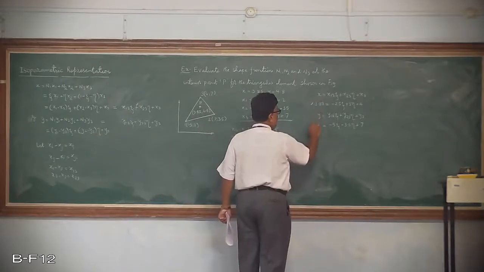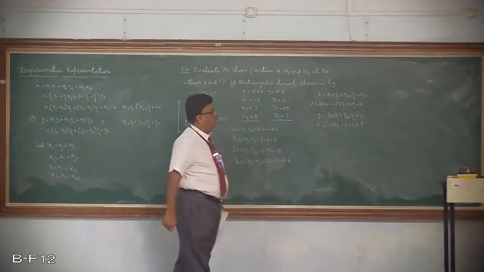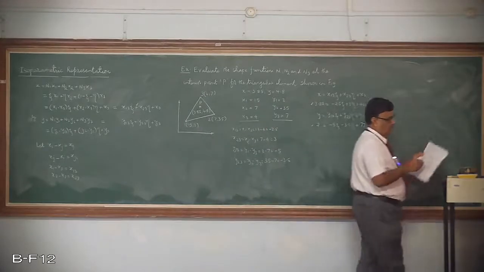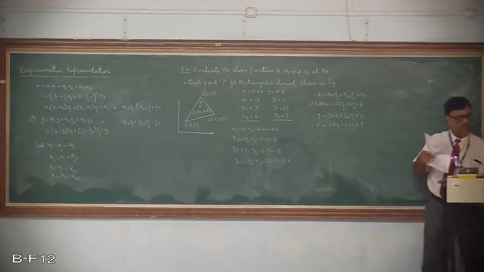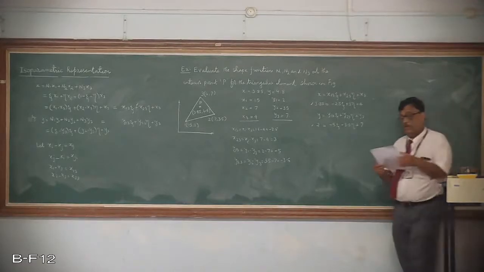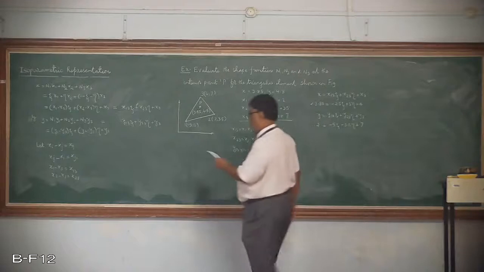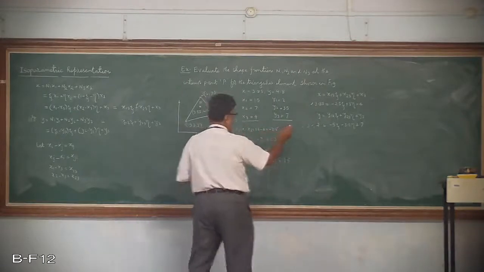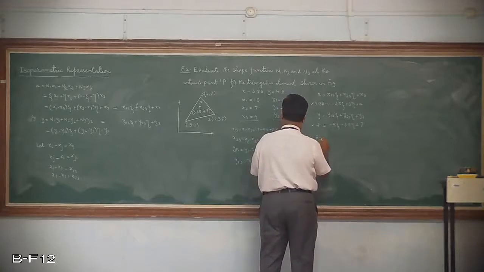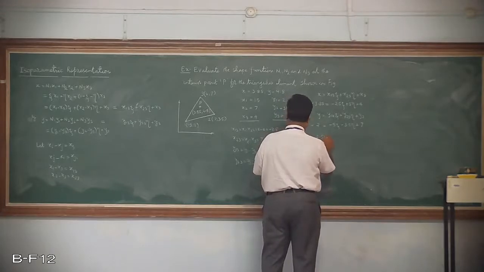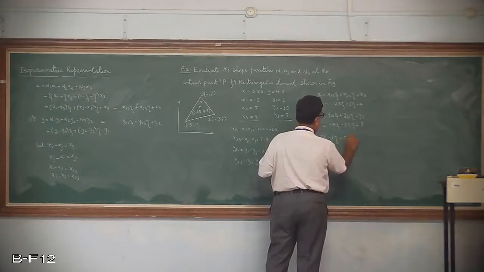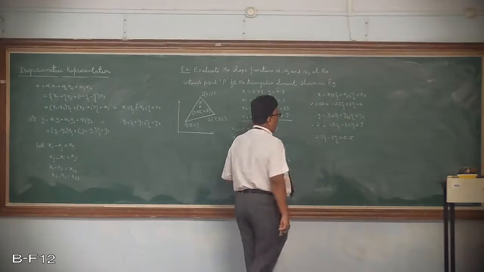I can rewrite these equations in terms of the constants. So 2.5 zeta minus 3 eta is equal to 0.15, that is 4 minus 3.85.